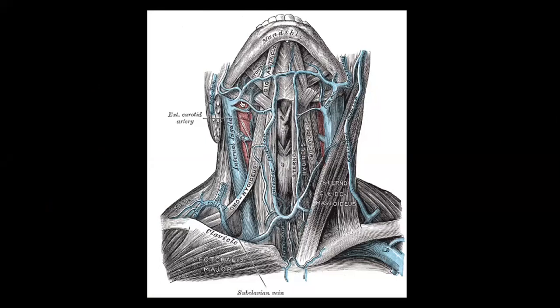Here we can see all the veins which are draining into the internal jugular vein. Along with all the arteries, branches of the external carotid are there, so they are similar partners, venous partners, and they drain into the internal jugular vein.